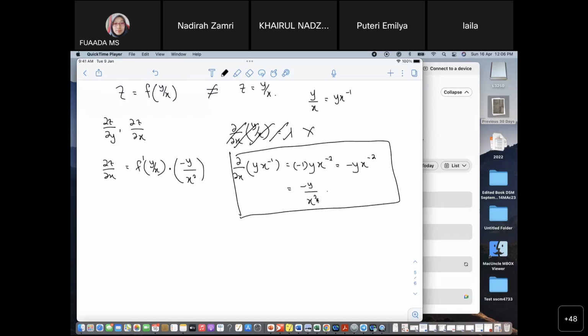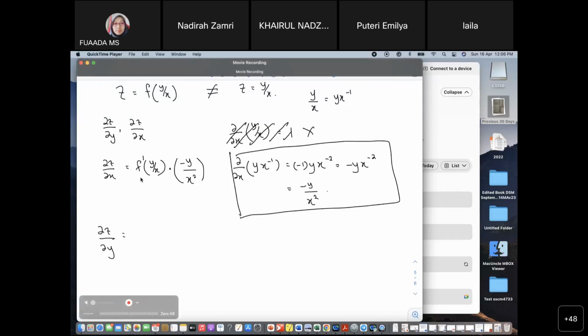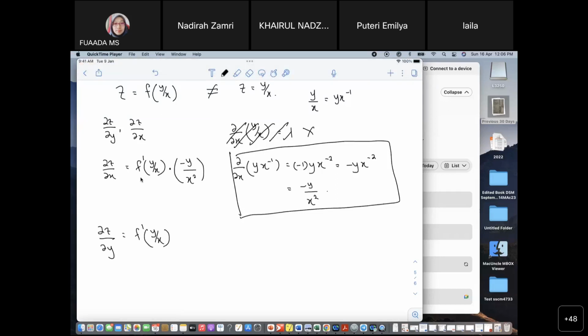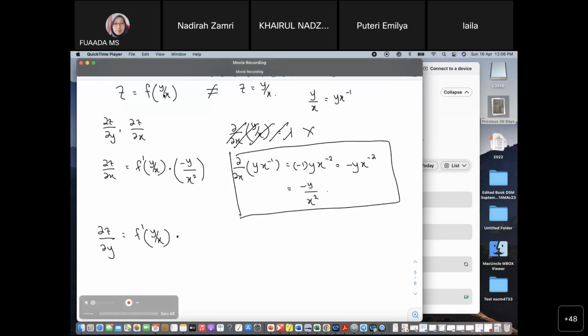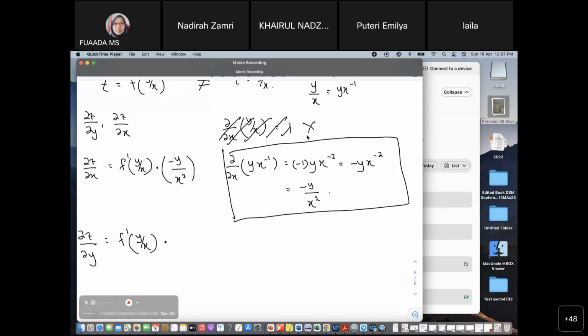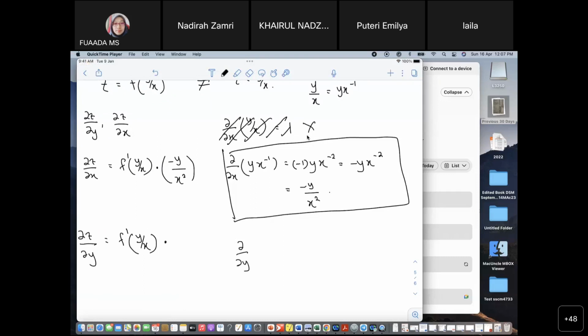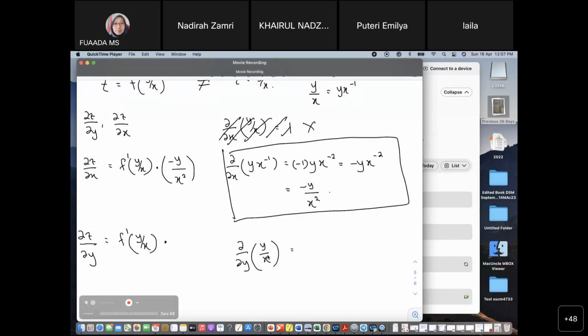Okay, next, del z del y. For del z del y, similarly differentiate the outer function. You will have a similar form, f prime of y over x, times the derivative of y over x with respect to y. Now y is on top, x constant. Del y of y over x, x constant. Wherever x is, at the bottom or anywhere, it is constant, so we do not bother about that.